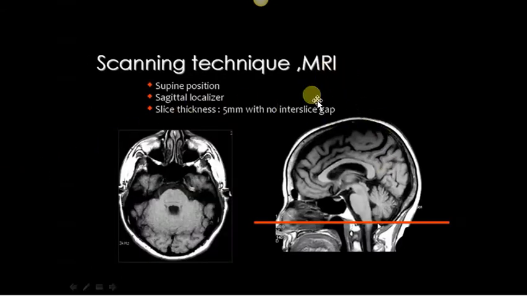We know that in MRI we can make a slice of the brain, which is called the sagittal view. In the sagittal view, usually we start from the base of the skull, from the foramen magnum, so that we can get all the structures from down to the top, taking the scan up to the vertex.